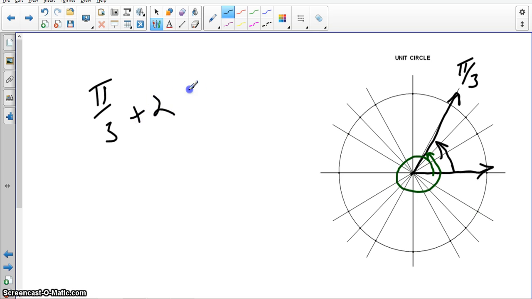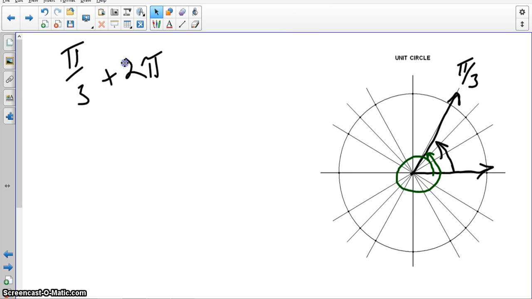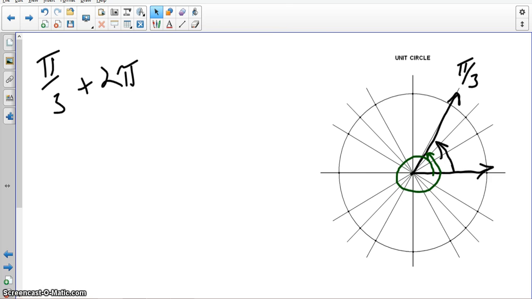The reason why students tend to not like radians as much as degrees is because they're really fractioning. What you have to do is find common denominators.